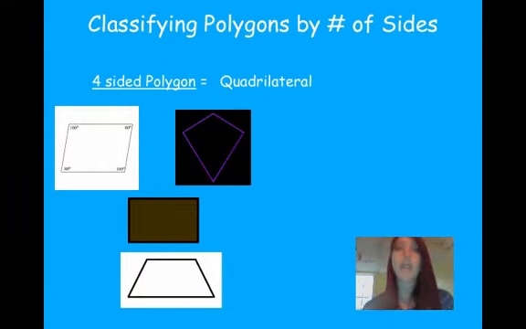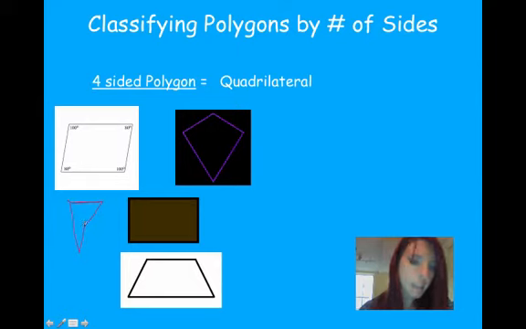And we're going to talk about the specific kinds of quadrilaterals later, but just for now, you need to know that a 4-sided polygon is called a quadrilateral. And the reason you need to know that is because even though you can name something a square or a rectangle if it's appropriate, something like this, assume that's a straight line, would technically be considered a quadrilateral, assuming that this is one side and this is another side right here.